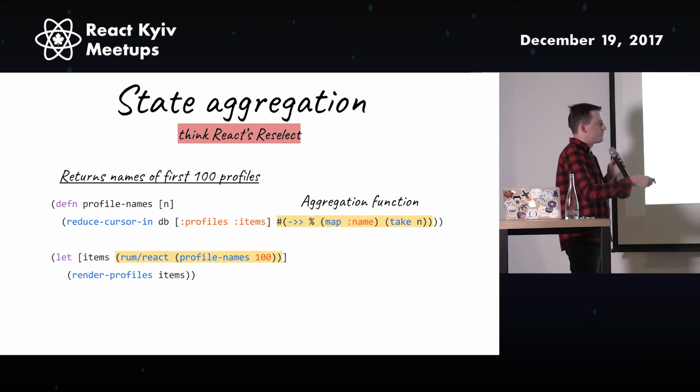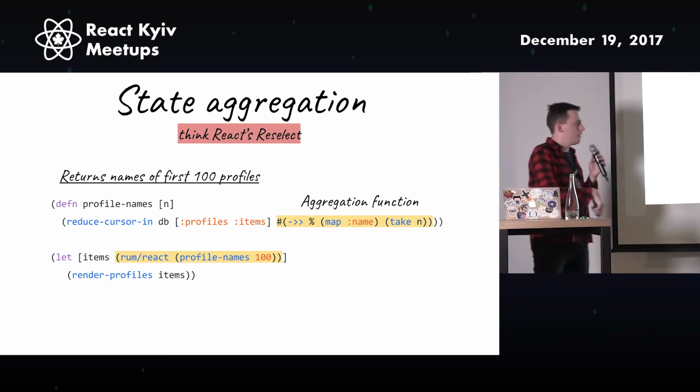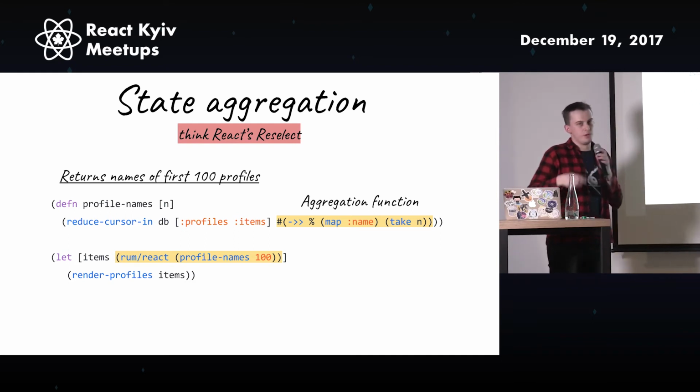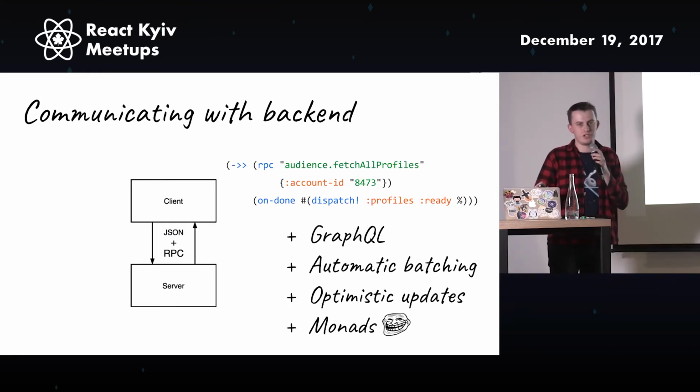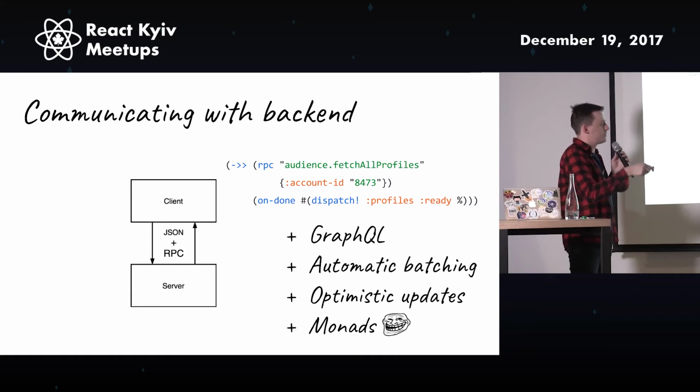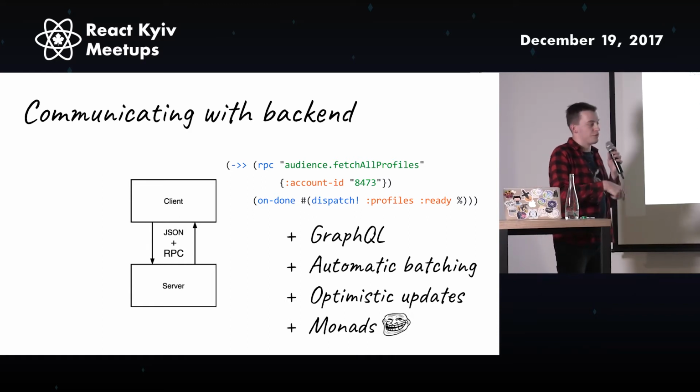I can just transform the first 100. So here we create a function, we pass a number, give it first 100, and then the aggregation function will do all the stuff. And on every update, if, for example, somewhere between 100 and 200 the profile changes, this subscription is not going to rerun because first 100 profiles didn't change, right?